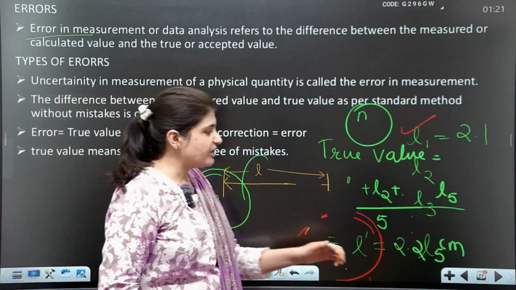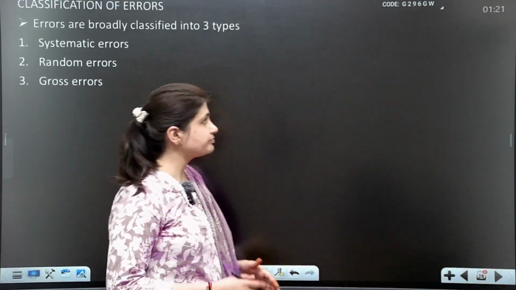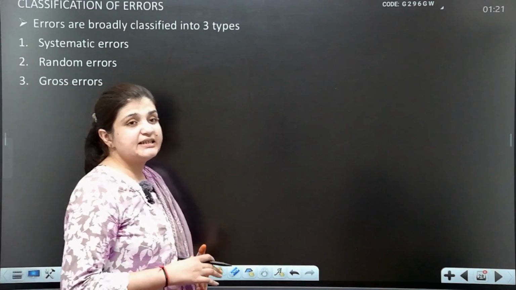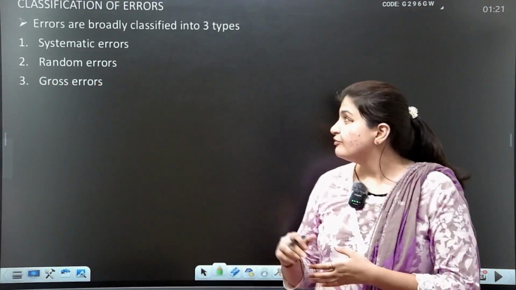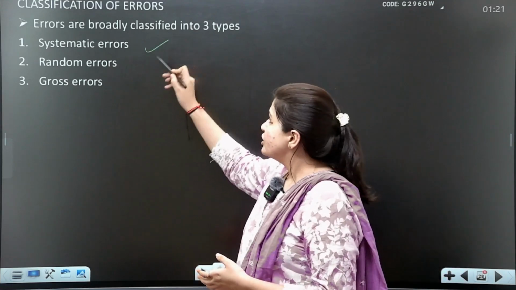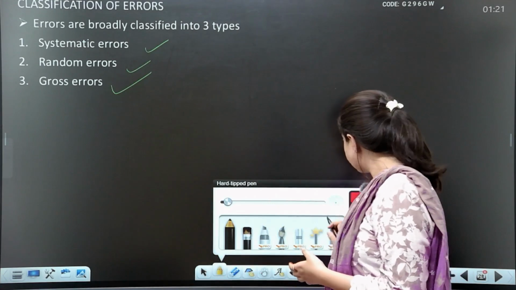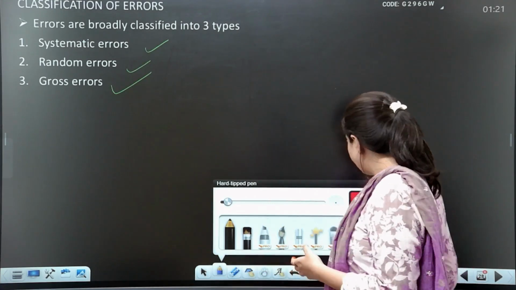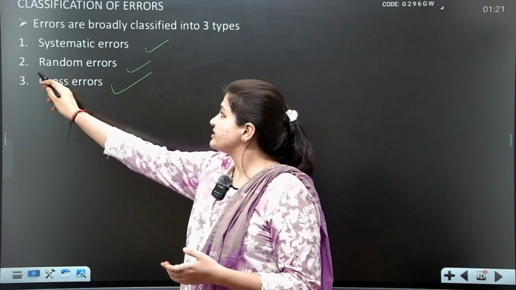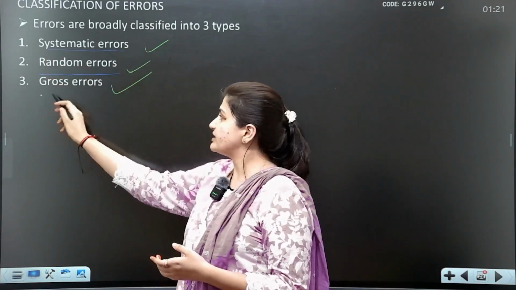Now when we talk further, in the classification of errors, we have three types of errors. What are the three types of errors, students? We have the systematic errors, the random errors, and the gross errors.